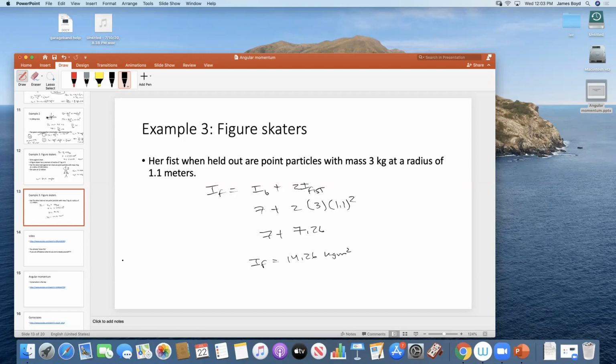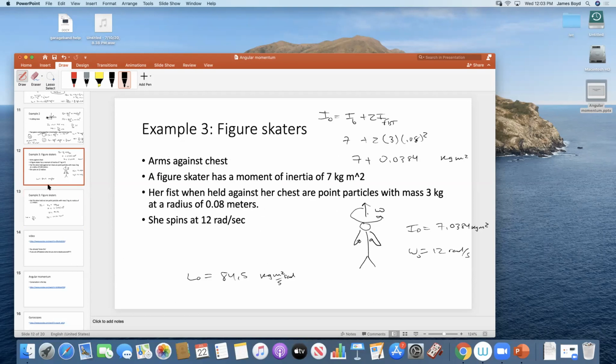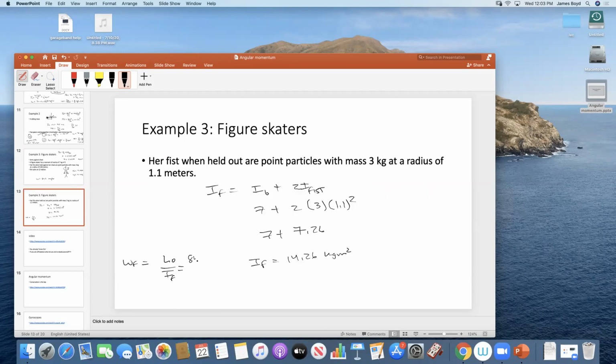And if we want to find her final speed, we already know that's L initial over I final, or 84.5 over 14.26, which is 5.92 rad per second, 5.93 rad per second.